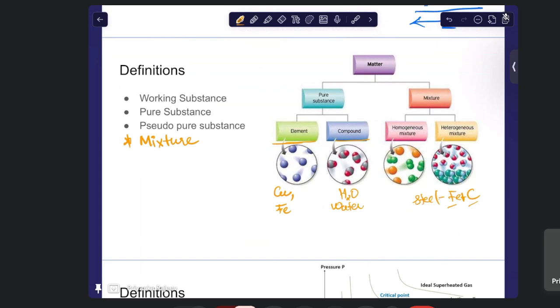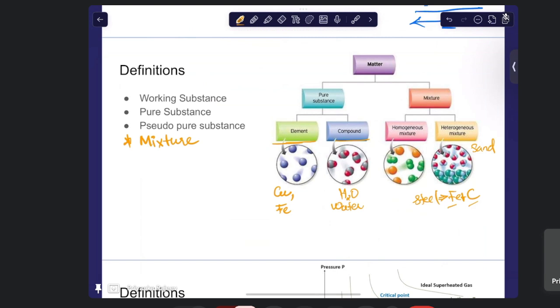But there is another thing called heterogeneous mixture. For example, sand will have a lot of particles like silica, then you have got pebbles and all those things. So that is heterogeneous mix. Heterogeneous mix means what? It is not uniform.